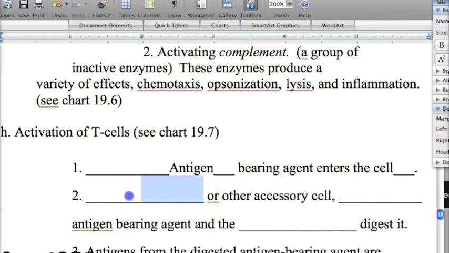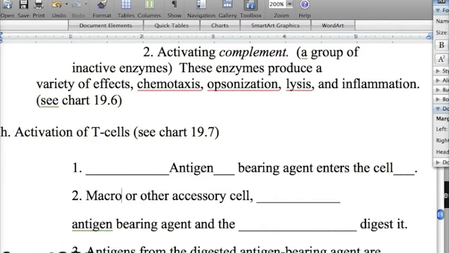And a macrophage or other accessory cell will phagocytize that antigen-bearing agent.